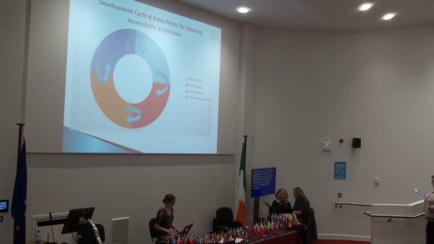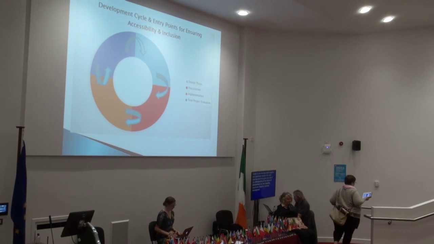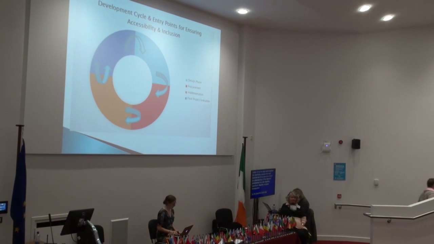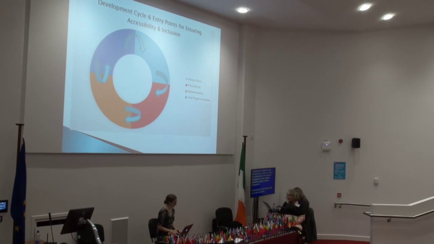So, the beautiful circle that you have up on the screen here, for those of you that don't have the vision of it, is a nice colourful circle that's been broken into 4 segments. There's a light blue segment, a red segment, an orange segment, and then a dark blue segment.